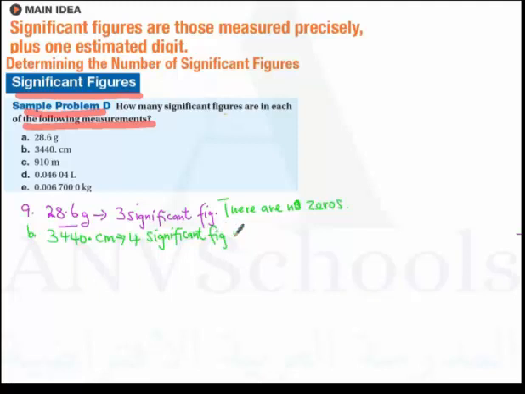The zero is significant because it is followed by a decimal point. According to rule number 4, if it is followed by a decimal point, then it becomes significant.